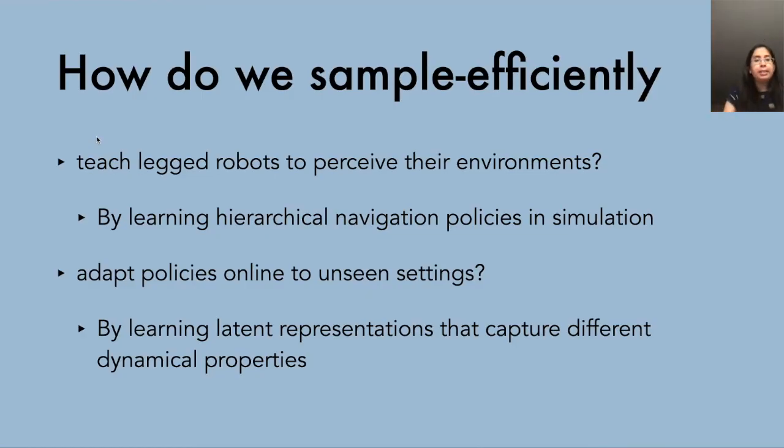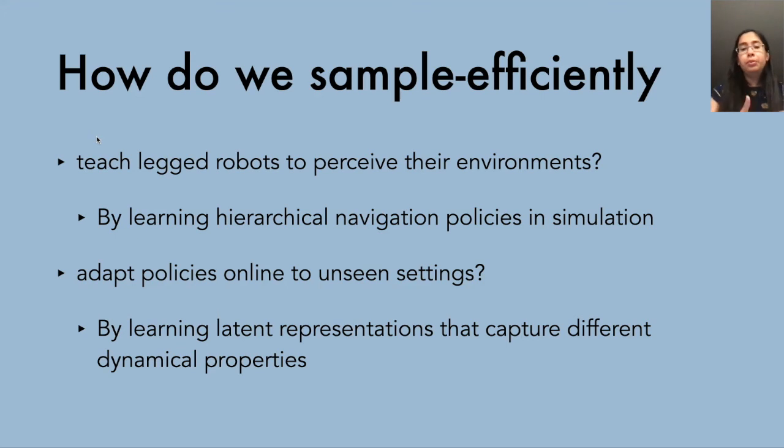So I started this talk by talking about how do we sample efficiently teach legged robots to perceive their environments, and I showed some results on one approach which learns hierarchical navigation policies in simulation and then transfers them to new robots as well as hardware.